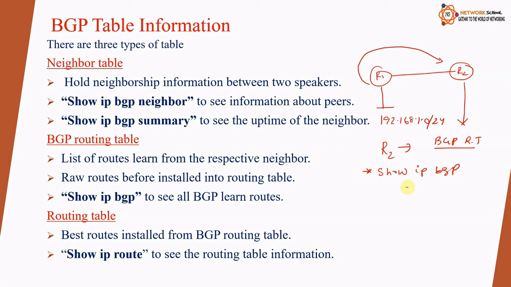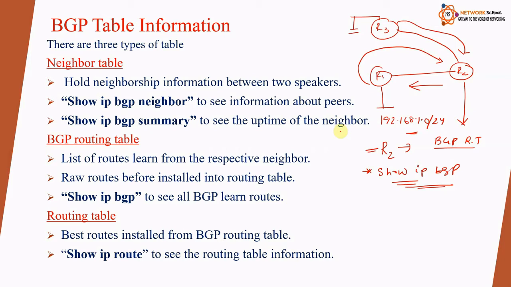When we use this command inside router R2, we will see the update that it has learned from its neighbors. If router 2 has one more neighbor, let's say router 3, and one more update is sent from router 3 to router 2, then when we go to router 2 and use the command show IP BGP, it will show us the updates that the router has learned from its neighbors.